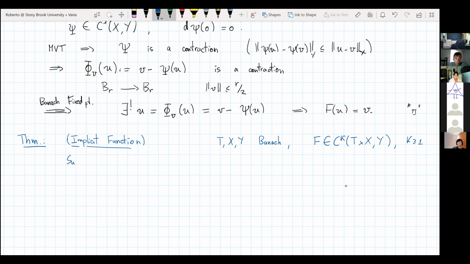So suppose that we know a root of this F, which is lambda star, u star. And we also know that the partial derivative in u at lambda star, u star, this is a linear operator from X to Y, and assume that we know that this is invertible.